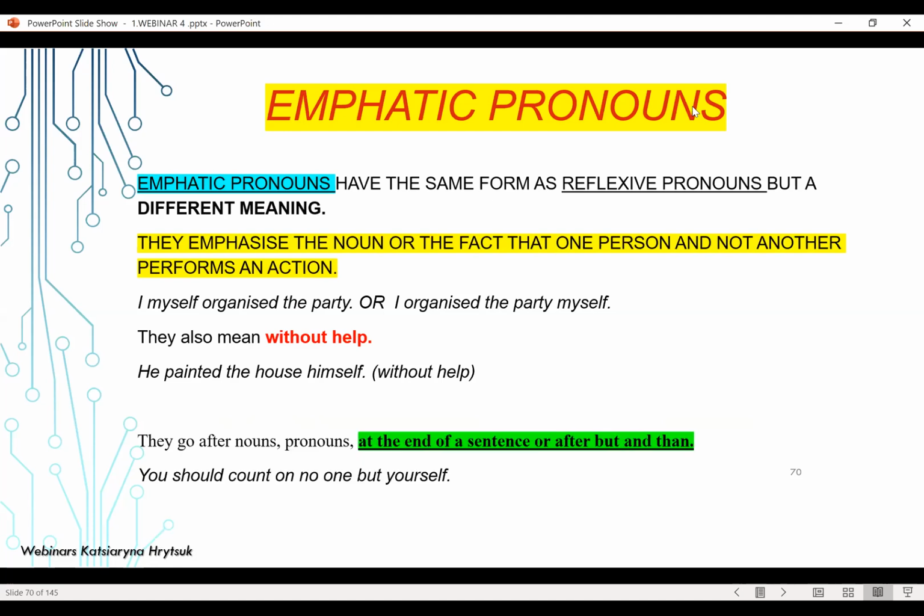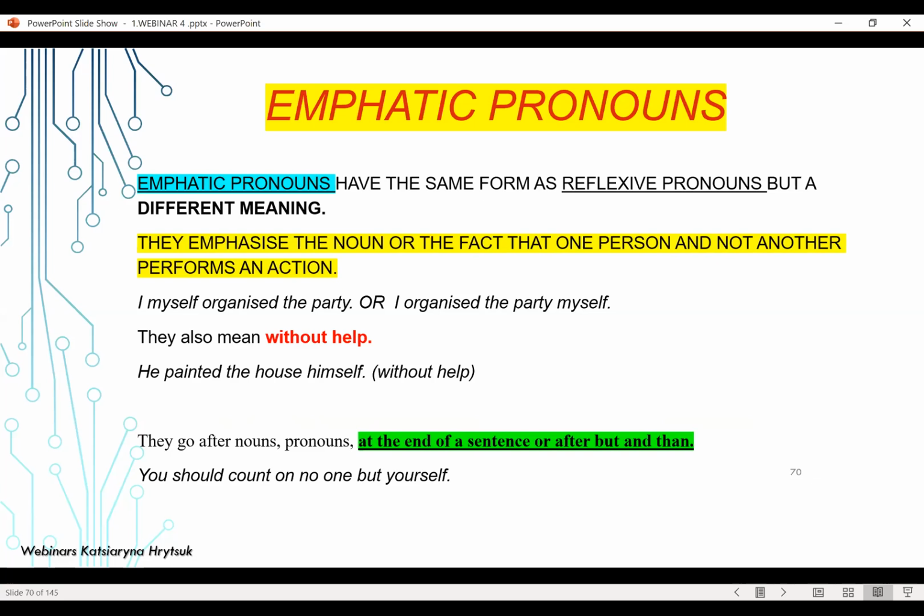Okay, they usually go after nouns, or at the end of the sentence, or after but and then. You should count on no one but yourself. You see? So they go after but, yourself. So count on you, only on you, but not someone else.